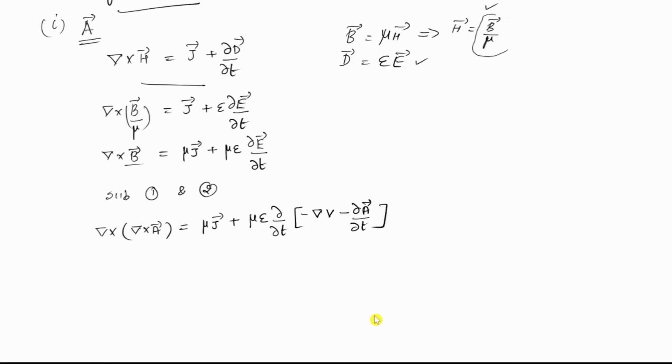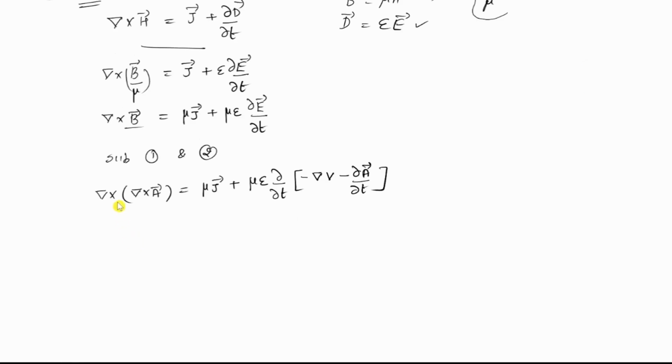Now we know a vector identity, that is curl of curl of A can be written as del of del dot A minus del square A. That is equal to mu J plus, now we are going to multiply these two terms.